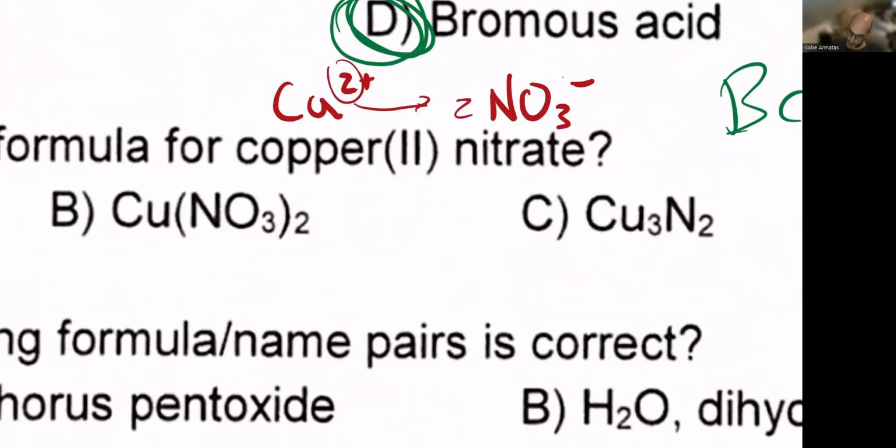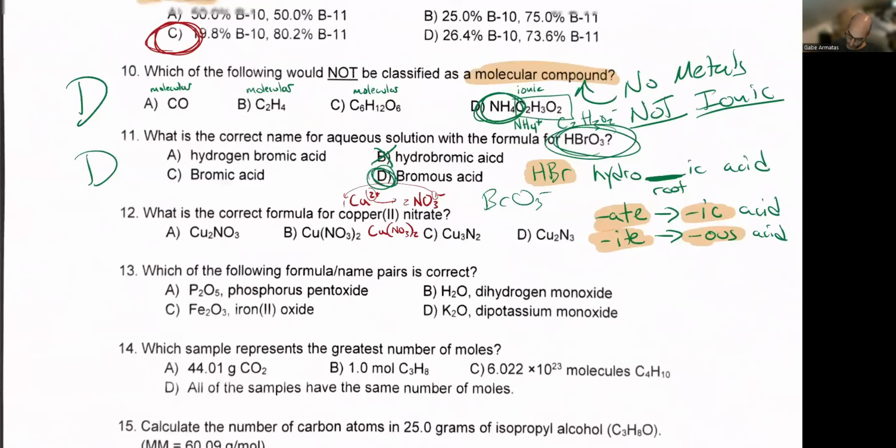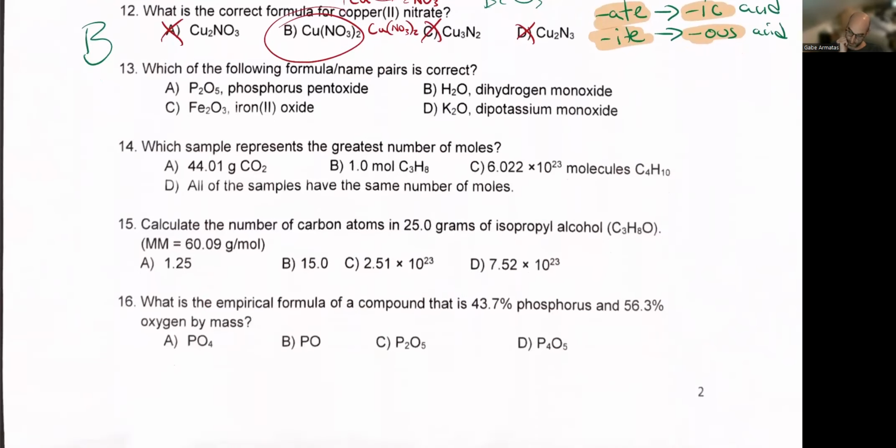I'm going to need 2 nitrates, and that 1 for nitrate is going to give me 1 copper. So 1 copper and 2 nitrates. I'm going to always put it in parentheses if I have more than one. There we go. So get rid of C and D. And we actually have 2 nitrates. So the answer for this should be B. All right, moving on. Which of the following name pairs is correct?